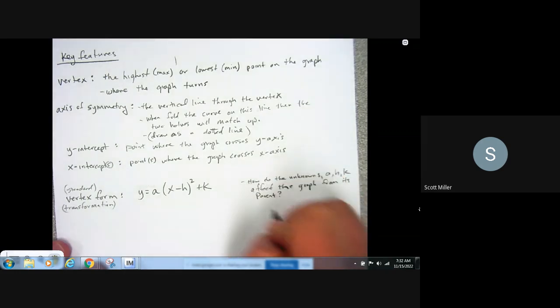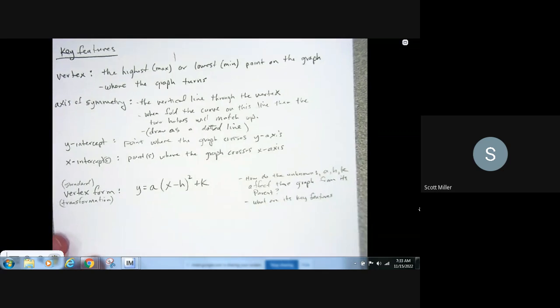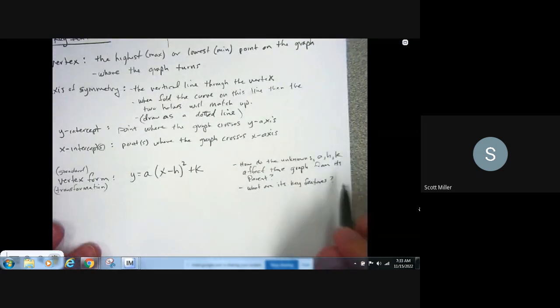That's our first question. And then our next question is, what are its key features? So in this format, how many of these key features can I pull out, and how do I know what they are? So what are its key features?